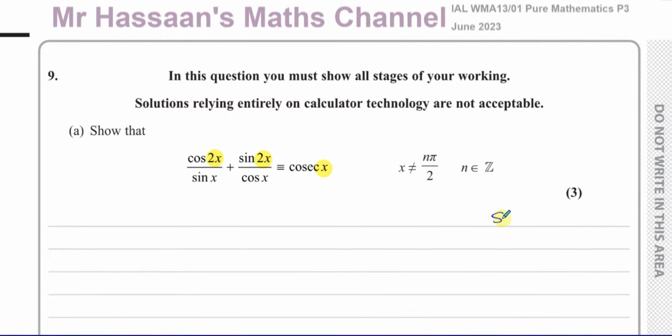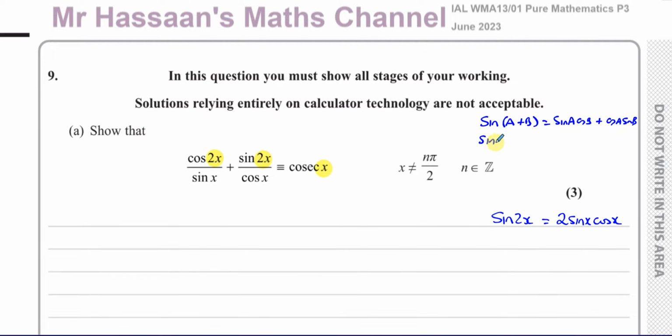Now for sine 2x, we don't really have any choice. Sine 2x, as we should know, is equal to 2 sine x cosine x. This is not given in the formula sheet. However, what is given is sine of a plus b equals sine a cosine b plus cosine a sine b.